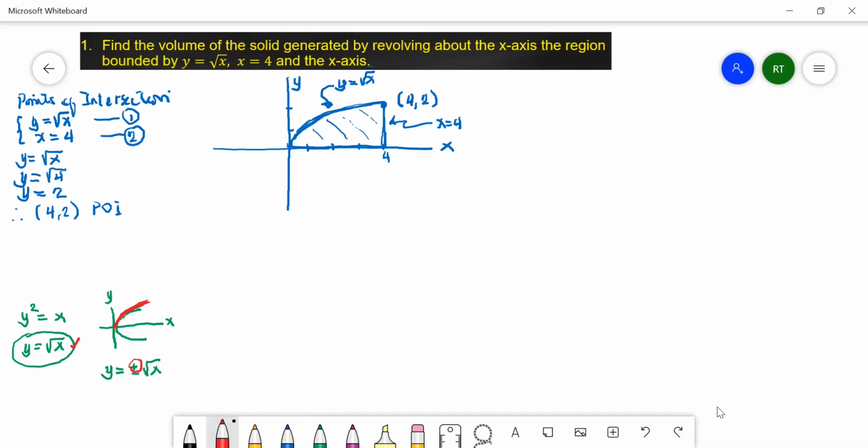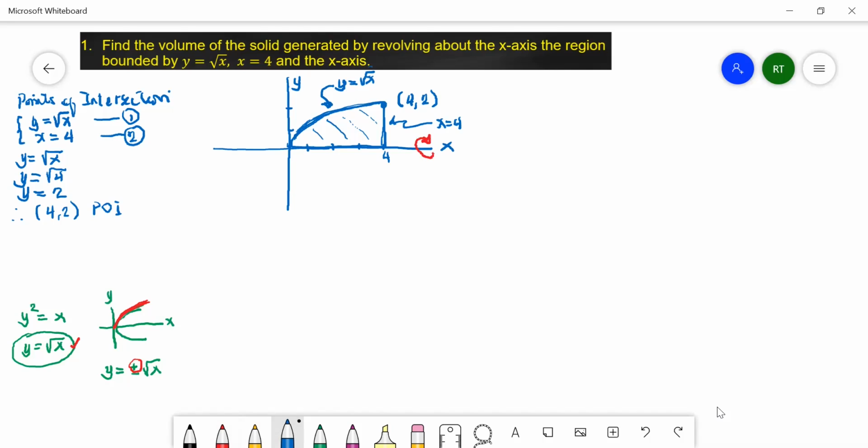Make sure that you always indicate the axis of revolution by drawing a circular arrow. So the x-axis is the axis of revolution.